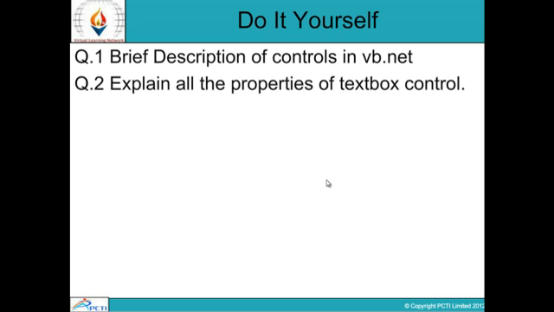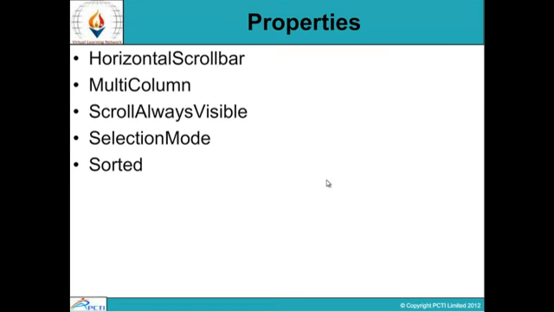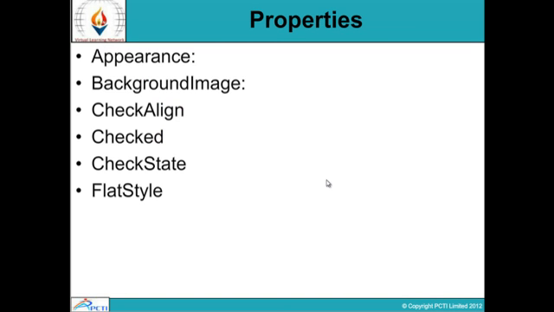While explaining the text box properties, you have to differentiate between user-editable properties and non-changeable properties. So let's take a revision of the things that we have covered in today's session.